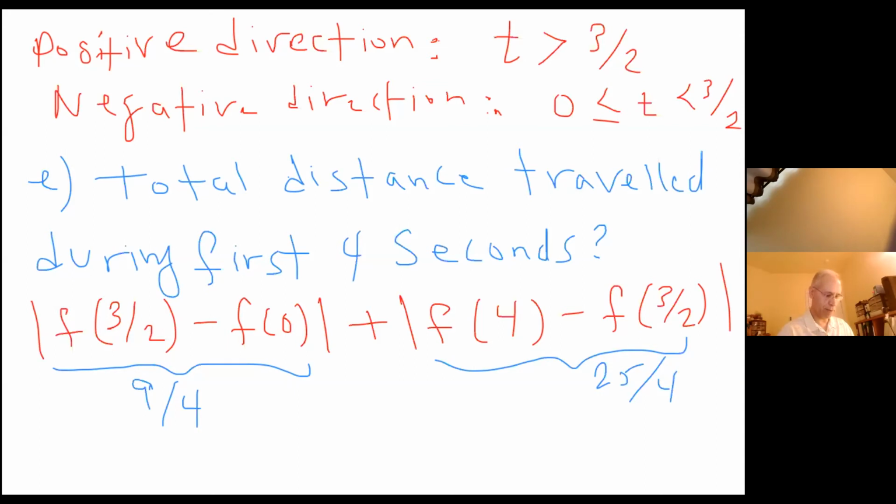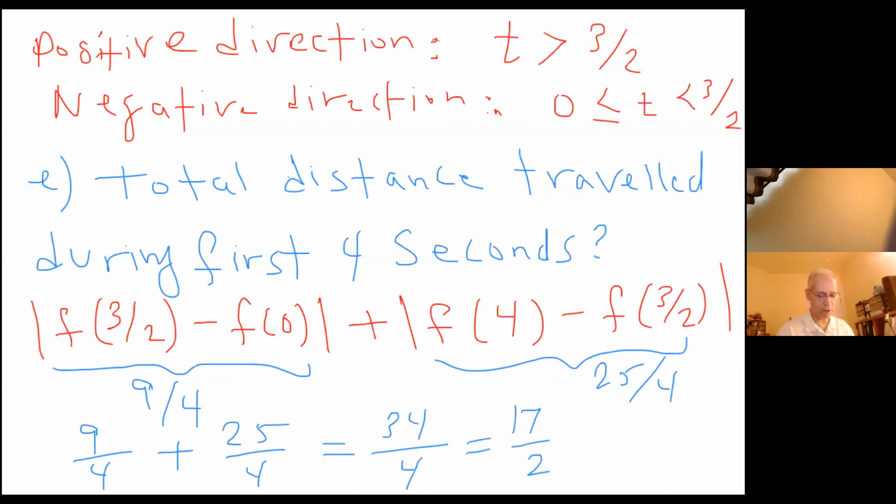So the total distance is going to be 9/4 plus 25/4. That gives me 34/4, which is the same as saying 17/2 feet is the total distance traveled.